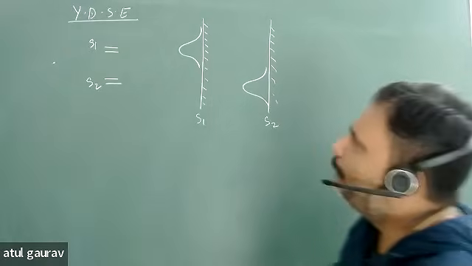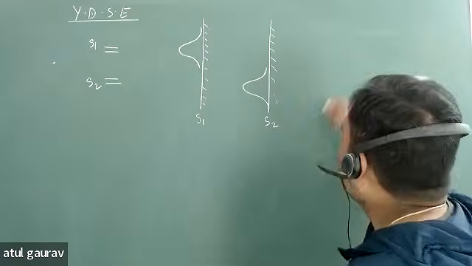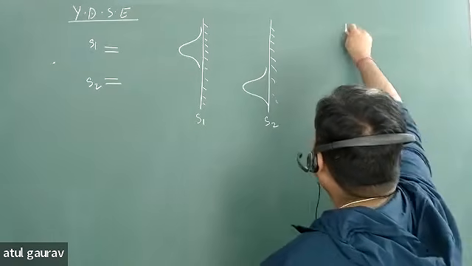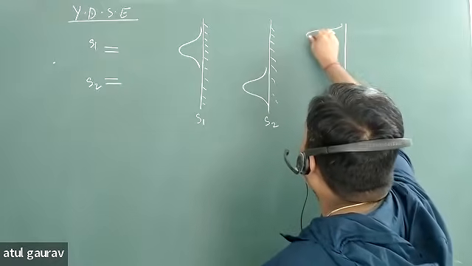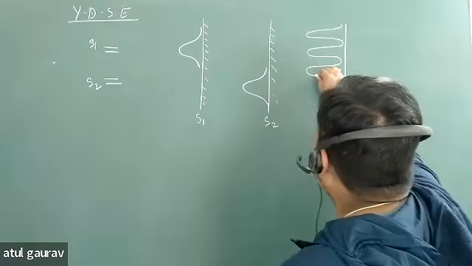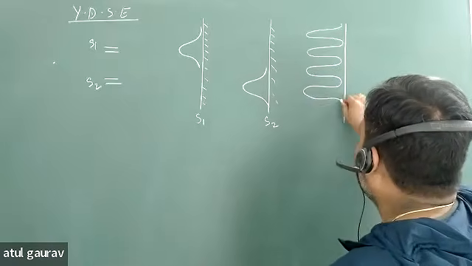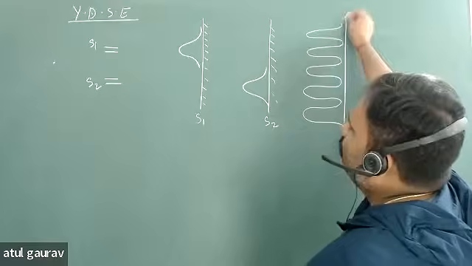But what will happen when both slits are open? If we do it with white light, then you will have dark and bright fringes, isn't it? ऐसा ही मिलेगा ना? Something like this.